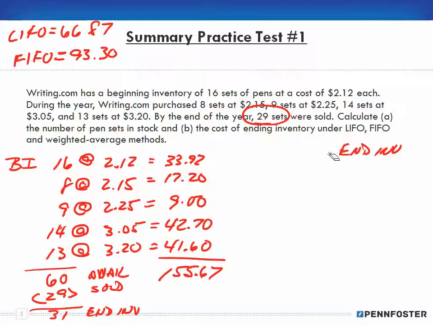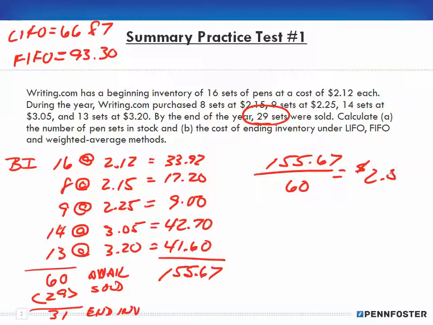Okay, and so in order to get the average per unit, we take our total cost of 155.67 and we divide it by the number of units, which was 60. Okay, and that gives me $2.59 per unit per item.